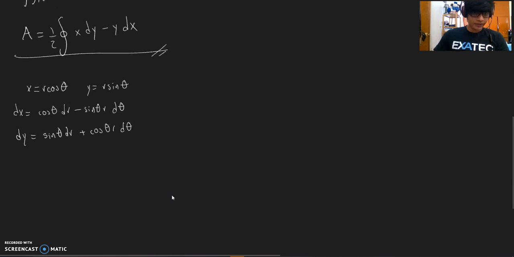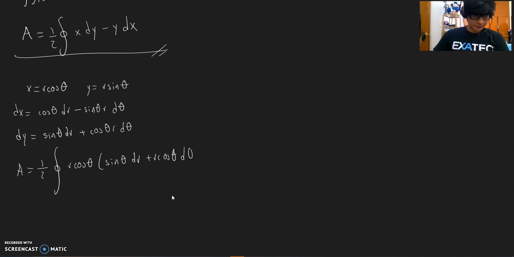And if we use the formula that we obtained previously, we can get that the area is equal to 1/2 of r cosine of theta times dy, that is sine of theta dr plus r cosine of theta d theta, minus r sine of theta times dx. That will be cosine of theta dr minus r sine of theta d theta.